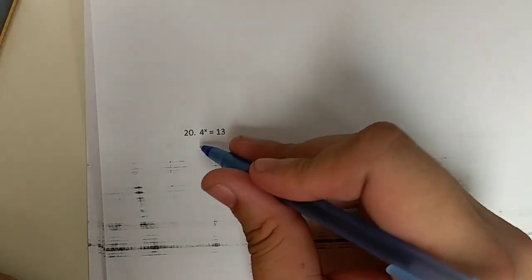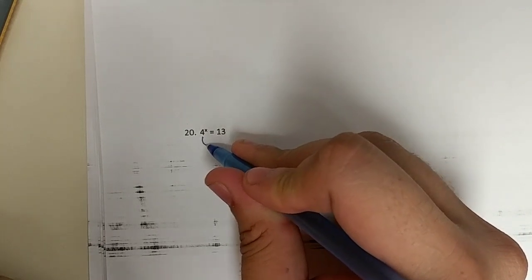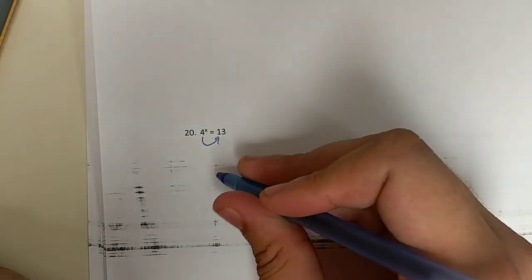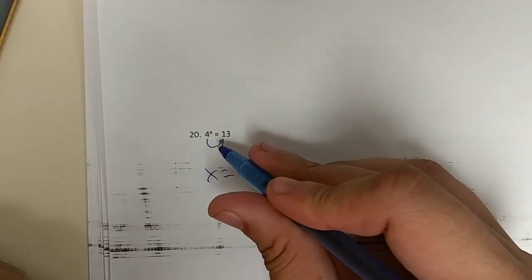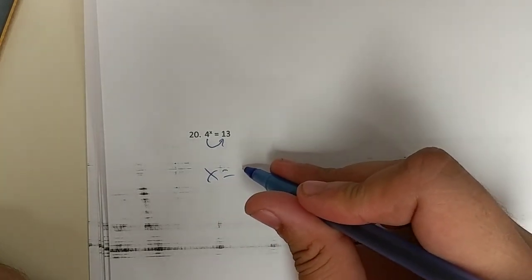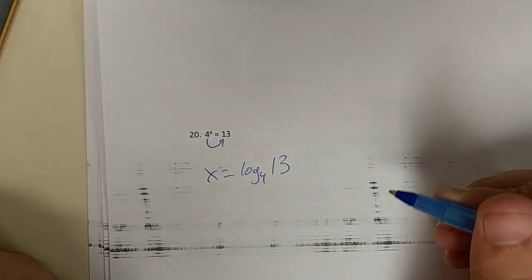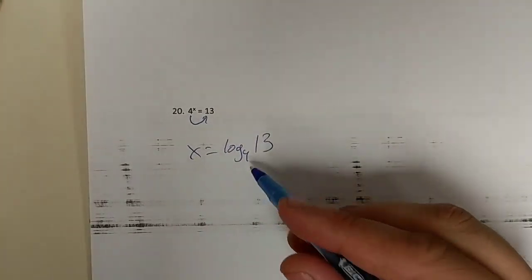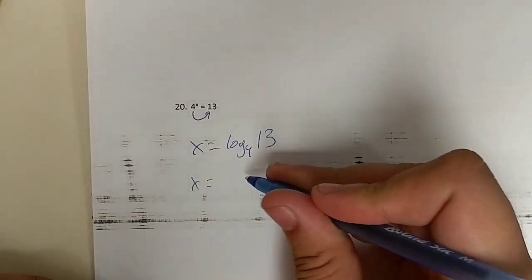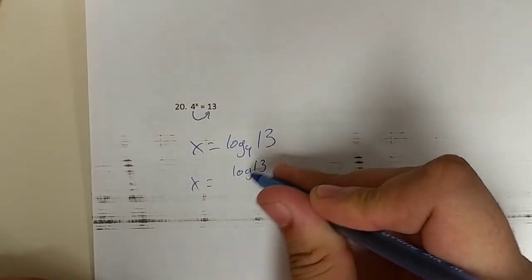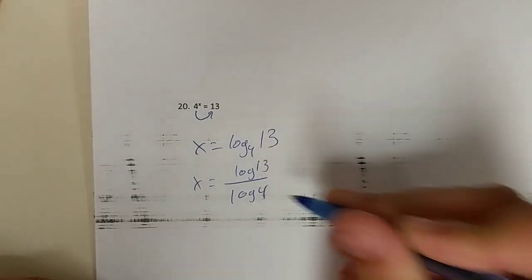Number 20, 4 to the x power equals 13. So how do we get rid of the 4? Well, you got to slide it over. It was an exponent base, so the base is going to become log base 4 of 13. How do I solve that in my calculator? Well, you do log of 13 divided by log of 4.